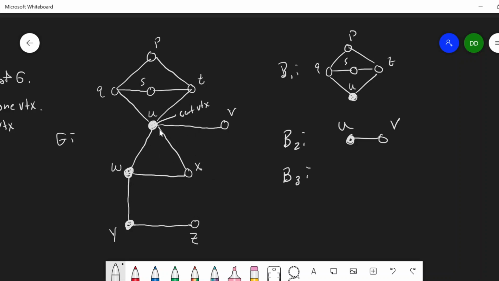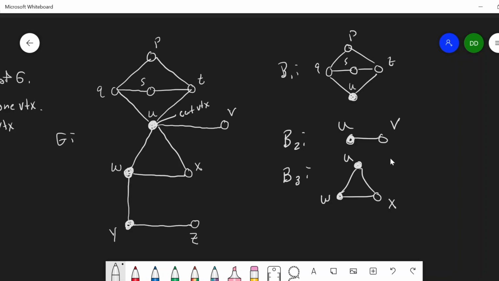But if we look at W, X, and U, if we grab those, U and W are cut vertices. And now notice if I try and add any other vertices to this and still be a subgraph of G, right?